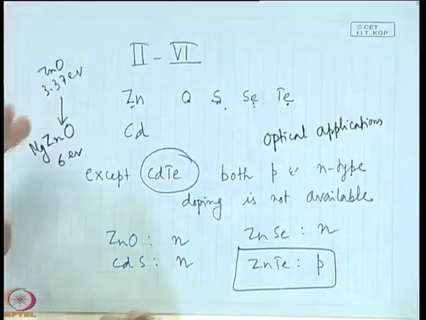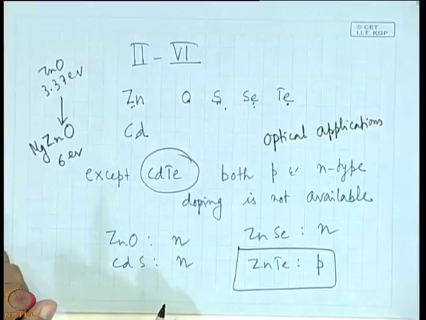And what is the main application of this region of 3.37 to 6 electron volt? It is the ultraviolet region, and ultraviolet is used for which application?